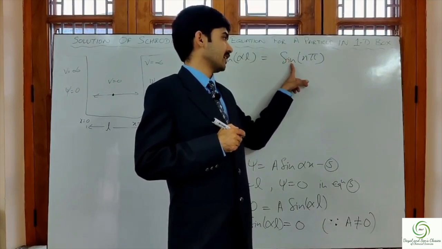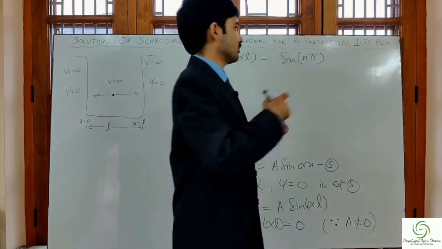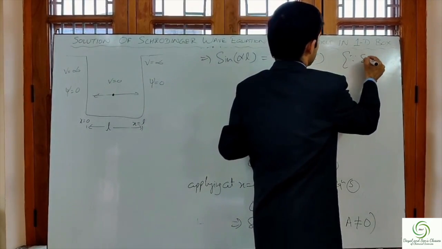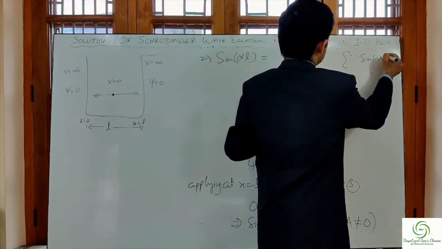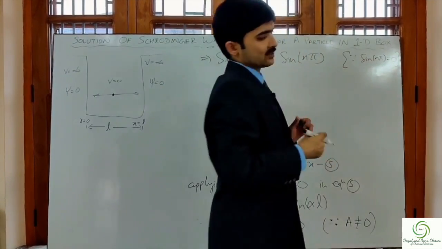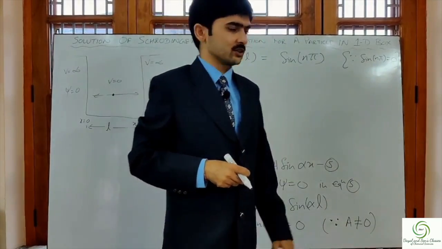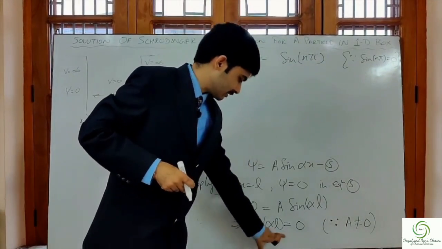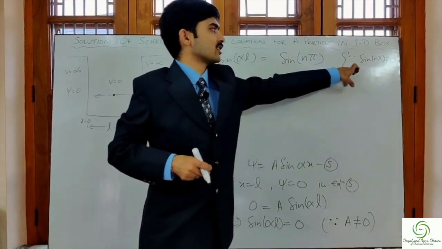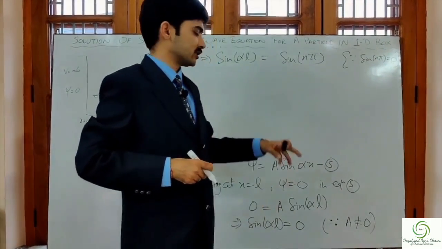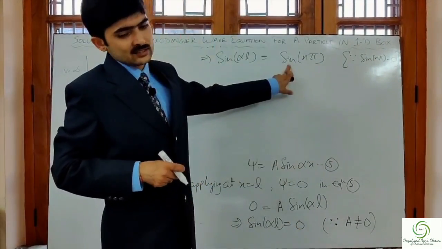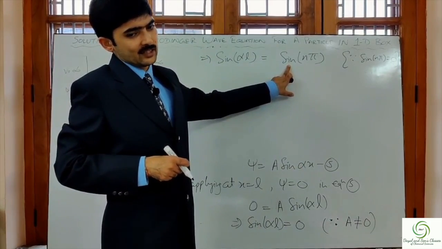So we can write 0 is equal to sine n pi, since sine n pi is equal to 0. Since we know that sine n pi is equal to 0, I can replace this 0 by sine n pi.